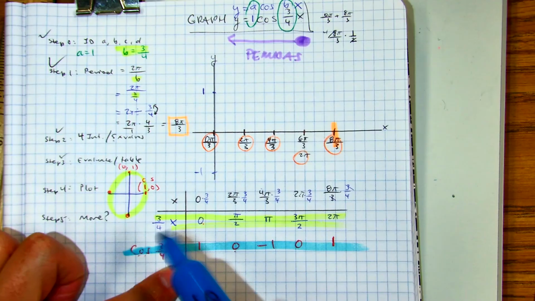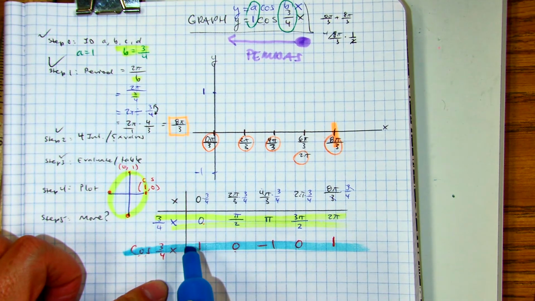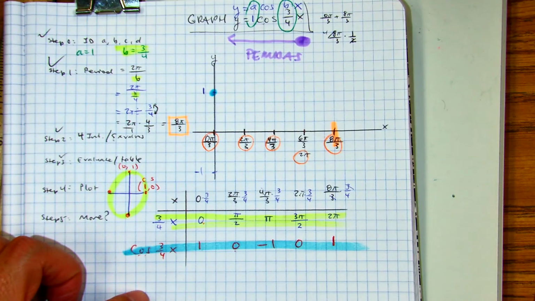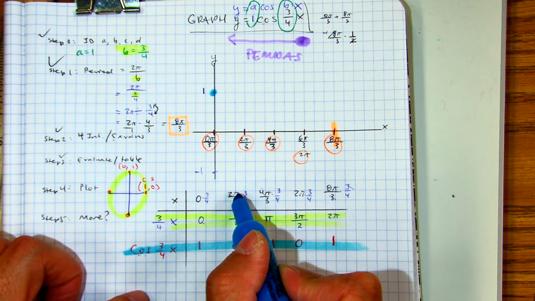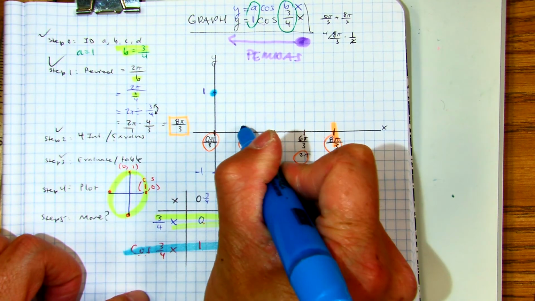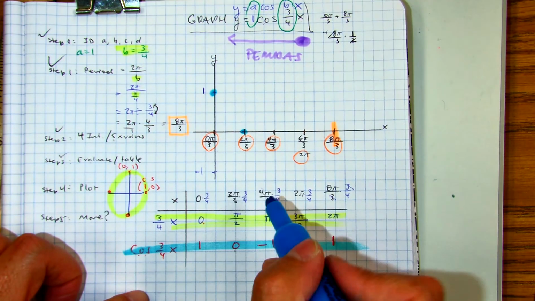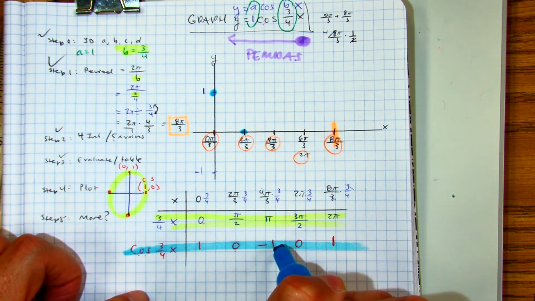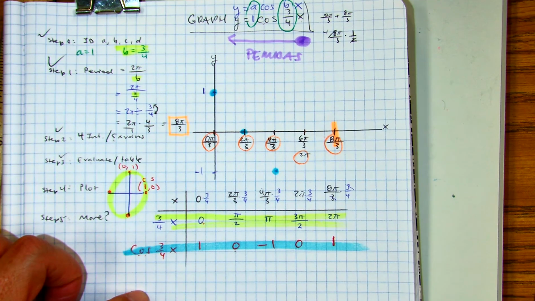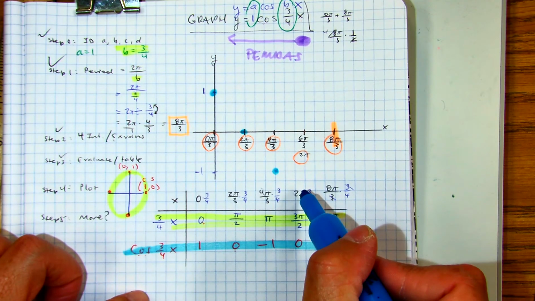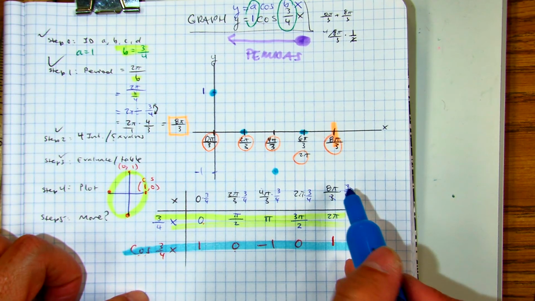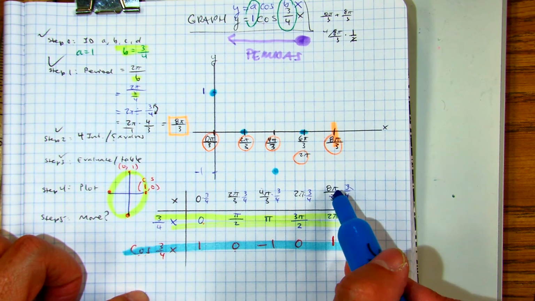Zero, 1. 0 on the x-axis, 1 on the y-axis. 2 pi over 3, going right 2 pi over 3, stay. Right 4 pi over 3, down negative 1. 4 pi over 3, negative 1. 2 pi, right 2 pi, and then stay. And then 8 pi over 3, 1.